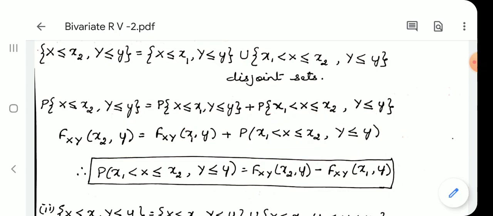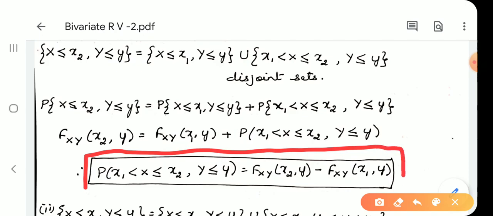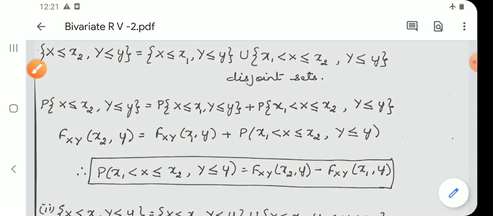So we get the required result, that is P of x1 less than X less than or equal to x2, comma Y less than or equal to y is equal to F_XY of x2 comma y minus F_XY of x1 comma y.